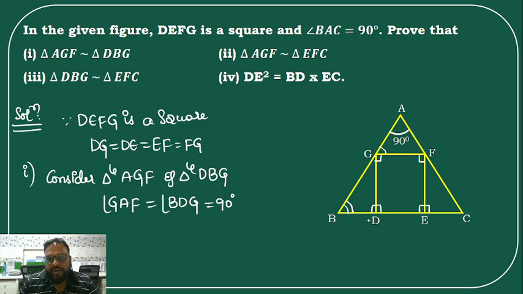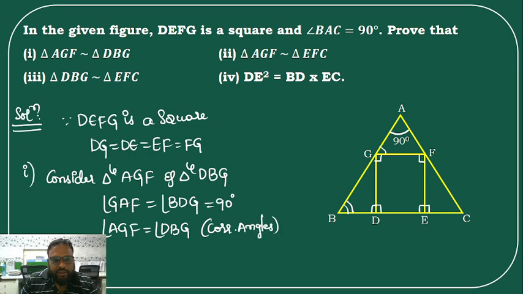see, GF and BC are parallel lines and AB is a transversal. So I can say that angle AGF is equal to angle DBG, because they are corresponding angles.